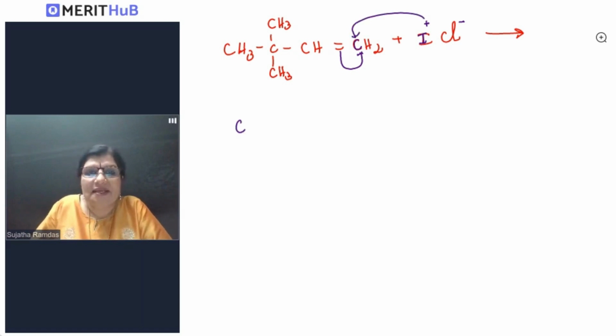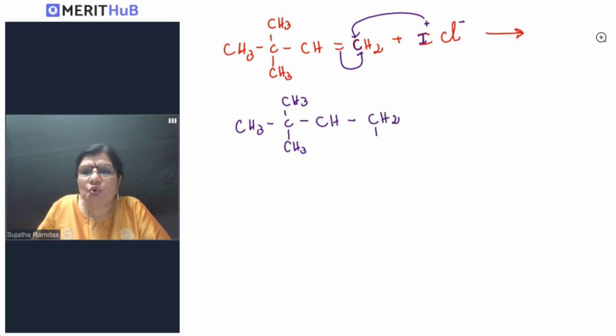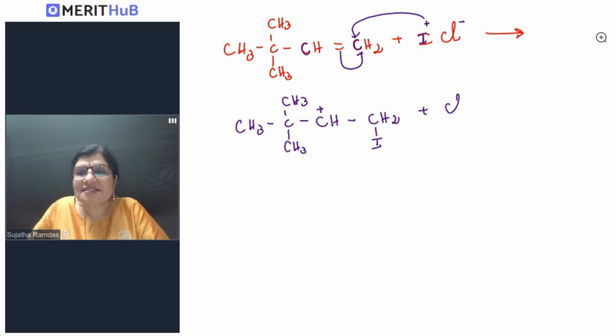What do we get? We get (CH3)3C-CH-CH2I, and this carbon atom will acquire a positive charge, plus Cl minus. So what type of a carbocation have you got here? You have got a secondary carbocation.